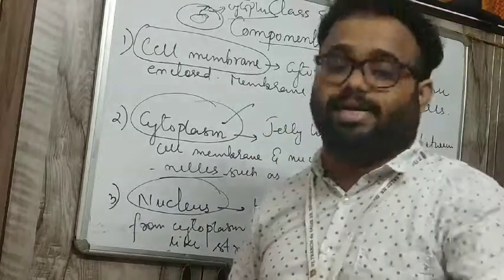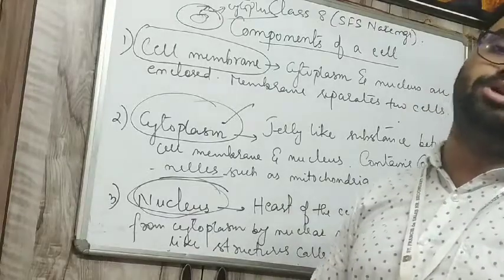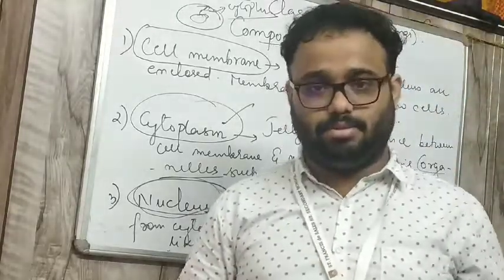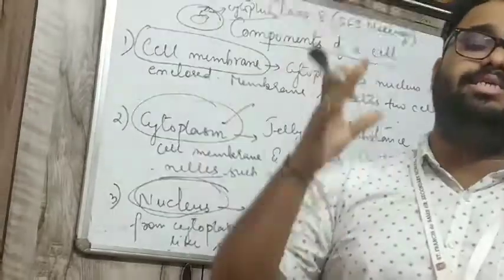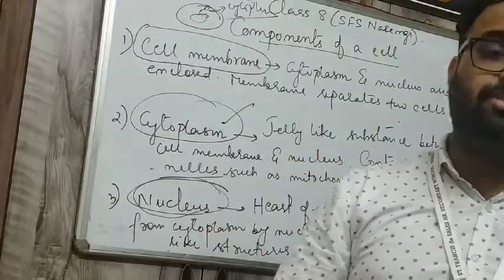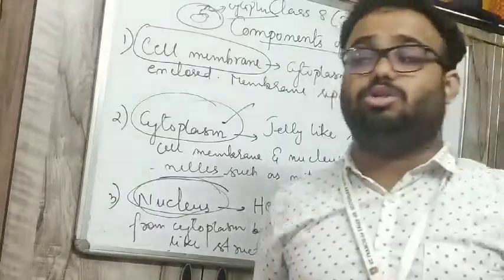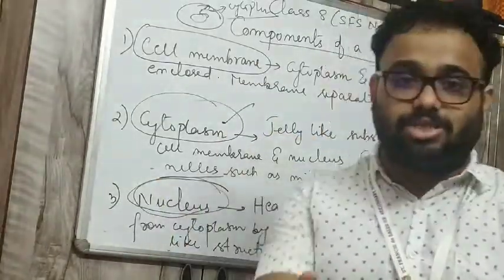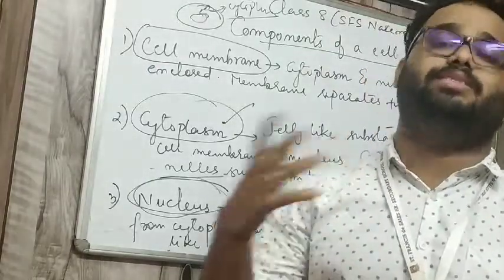Coming to the next, nucleus. Students, the nucleus is the most important part of any cell. The nucleus is called the heart of the cell because it contains many structures. The nucleus controls inheritance and coordination. It controls the entire body, and it is responsible for many other things.